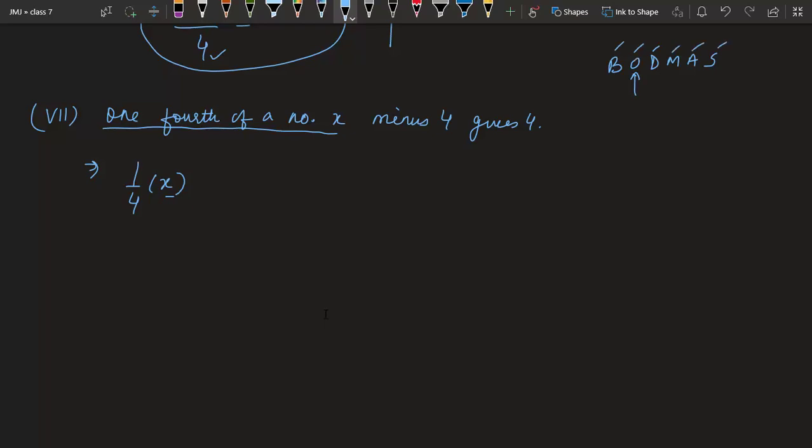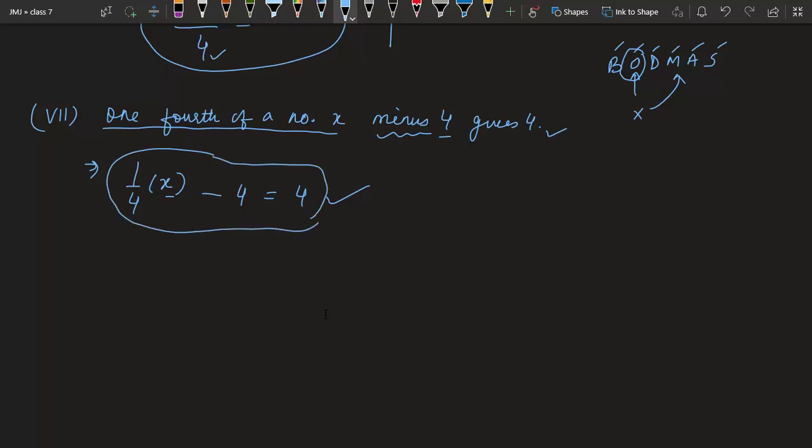So this of is actually multiplication only. They are similar, but the priority of of is more than multiplication. So we have 1/4 of x minus 4 is equal to 4. This is the mathematical statement and this is the English statement. So whenever you speak a statement, you have to take care that you are speaking in a proper way so that others are able to understand what you are saying.